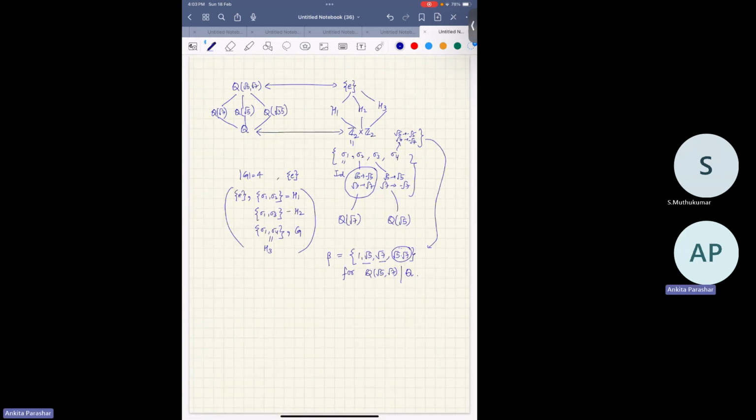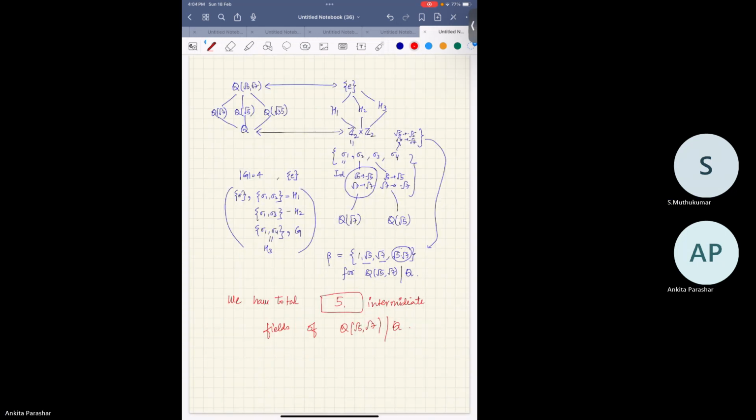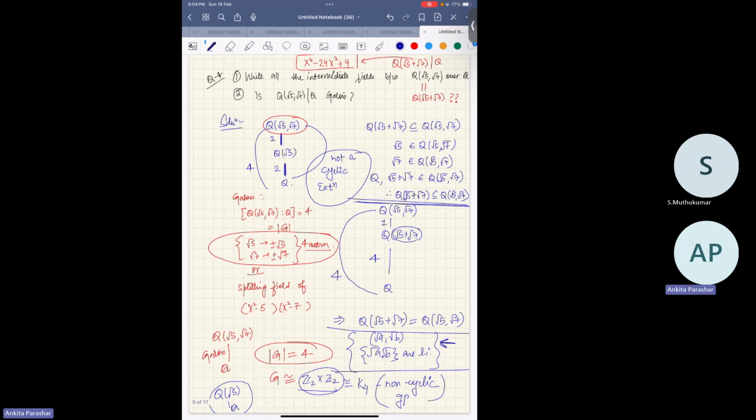So how many fields do we have now in total? Total intermediate fields, we have 5, right? So I think this question is also done.